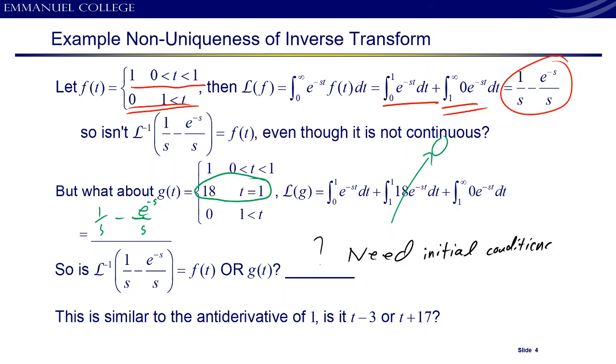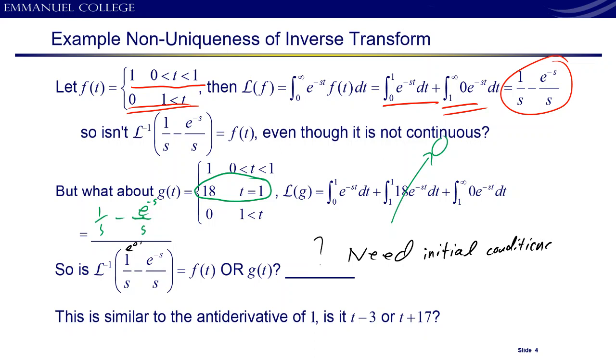So it's kind of like looking at that snapshot and trying to figure it out. So you can think about this as e to the 0 s. But you would probably lean towards, without any prior information, f of t. But it could be g of t.